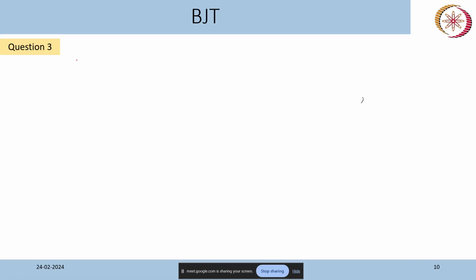Let's consider a PNP transistor. The emitter is highly doped, so P plus, N and P. Let's consider a depletion region in this junction only on the base side.